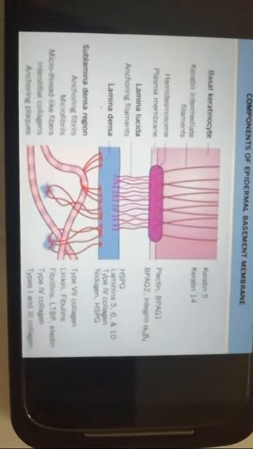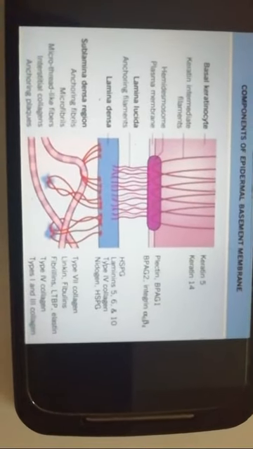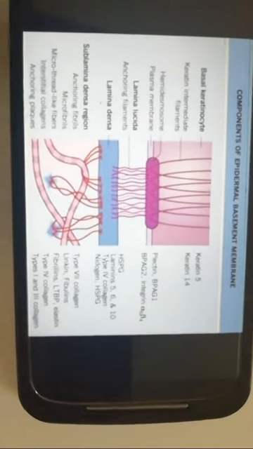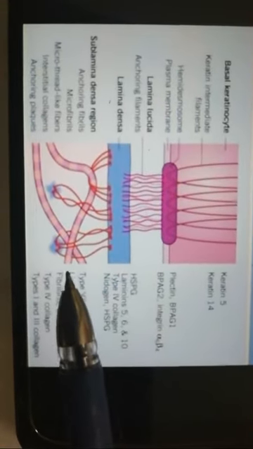If you observe carefully, type 4 collagen is present in the lamina densa, right? So in this diagram, type 4 collagen is present here and type 7 collagen is present here.